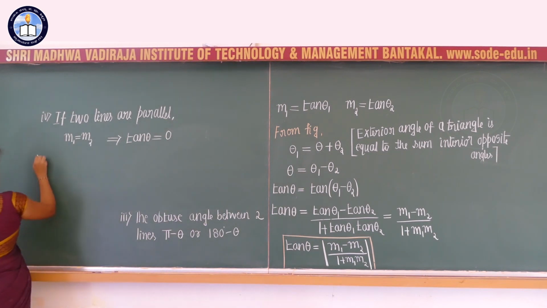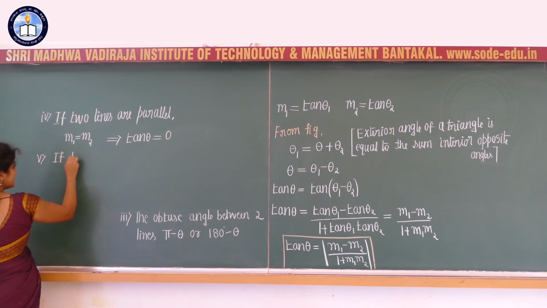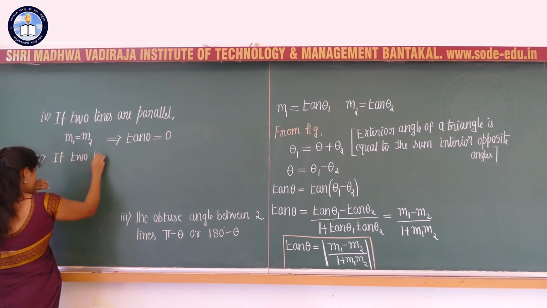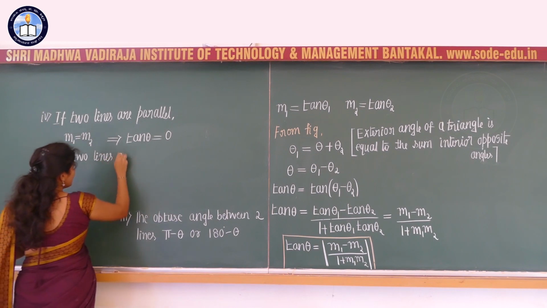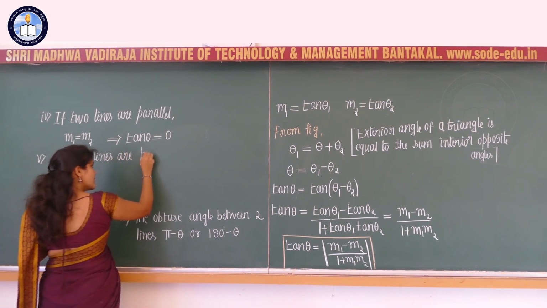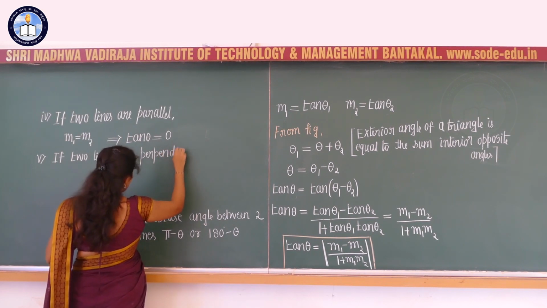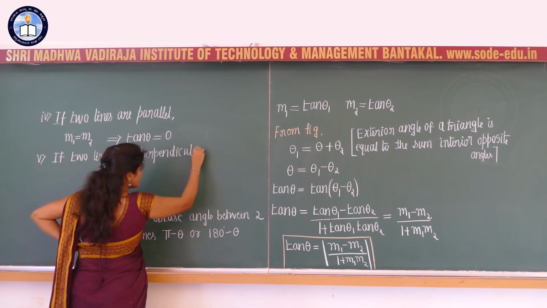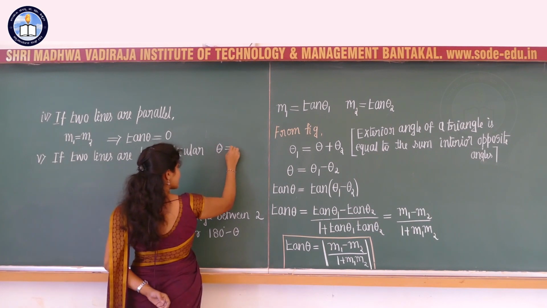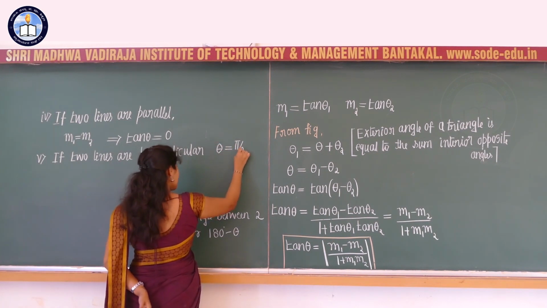Next, the fifth possibility: if the two lines are perpendicular to each other, then what happens? If the two lines are perpendicular, then the angle between the two lines, that is theta, is equal to 90 degrees, correct?